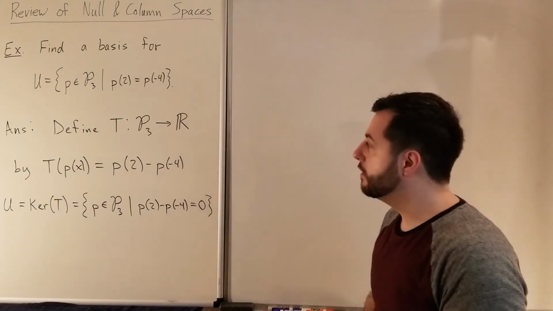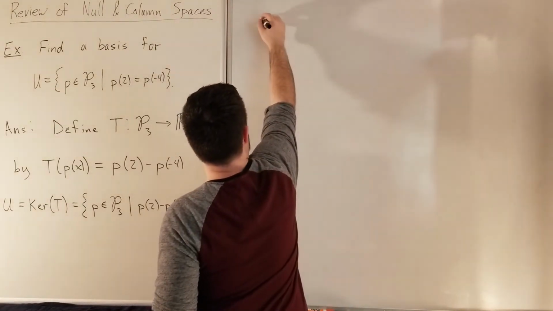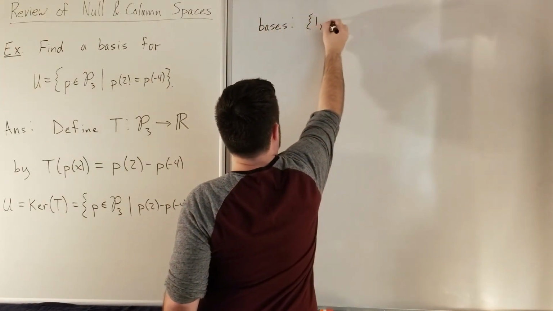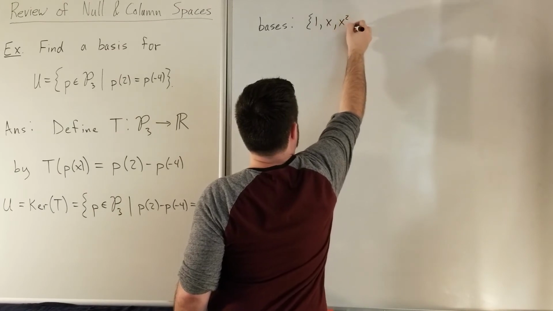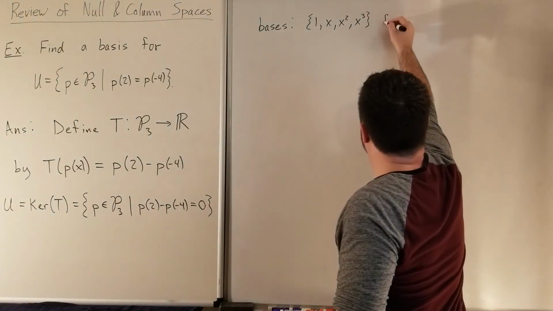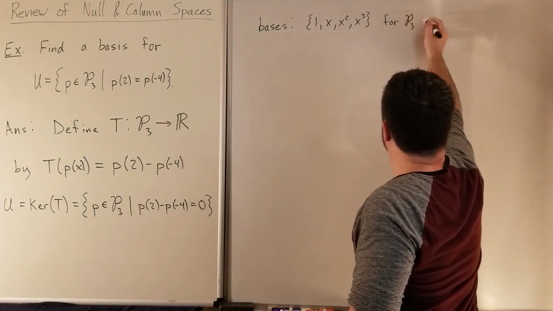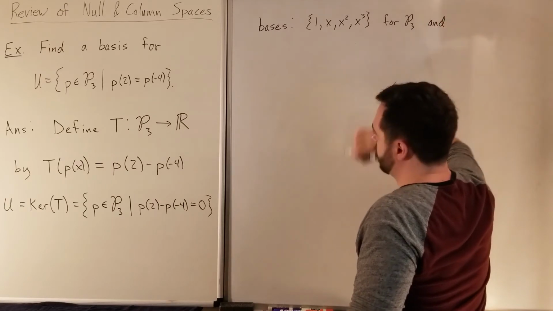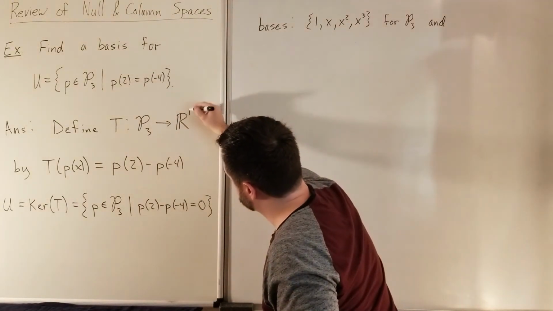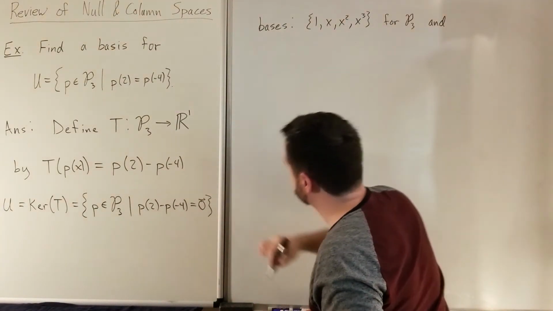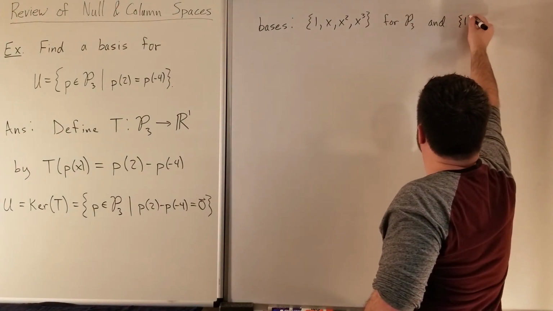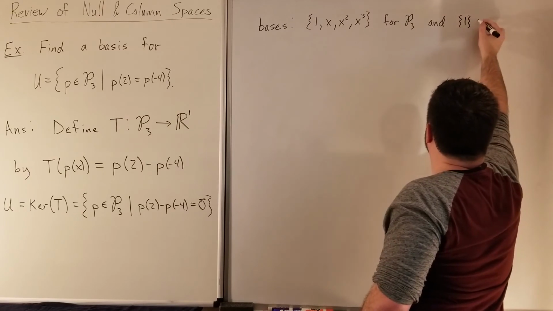I'm going to again pick the standard bases: 1, x, x squared, and x cubed for P3. And I need a basis for the vector space R. I'm going to call that R1 actually. So the basis for that is just going to be the element 1.